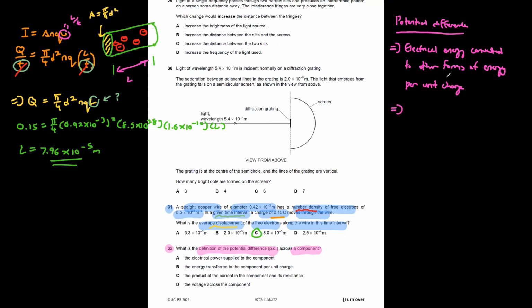And the equation would be V equals W over Q. Okay, so you look at the specific answer choices that you have here, which one actually closely relates to what is being written here?